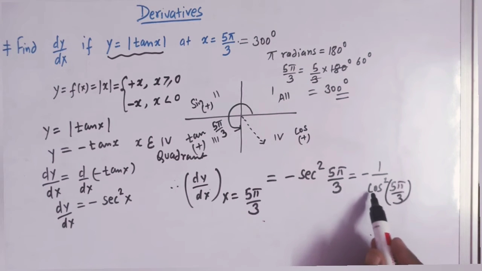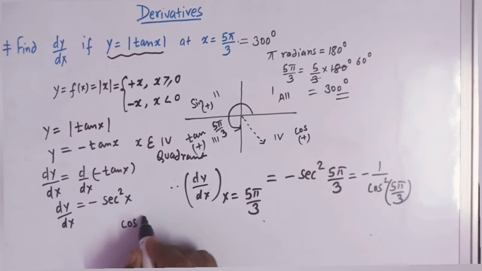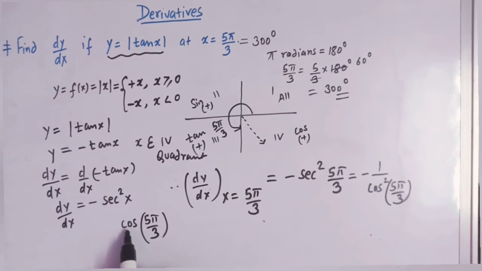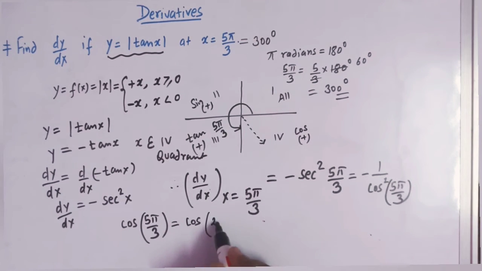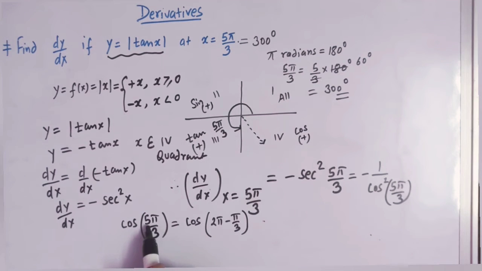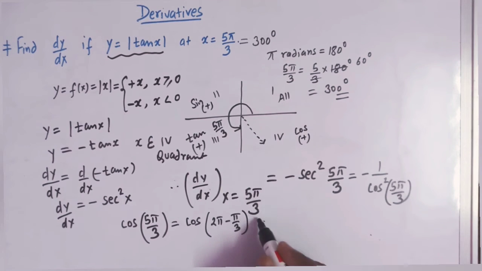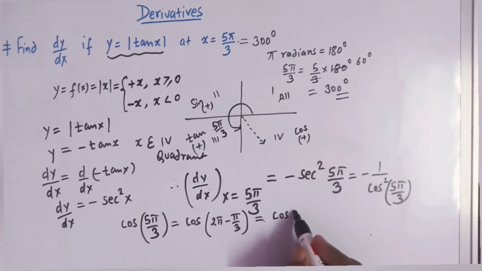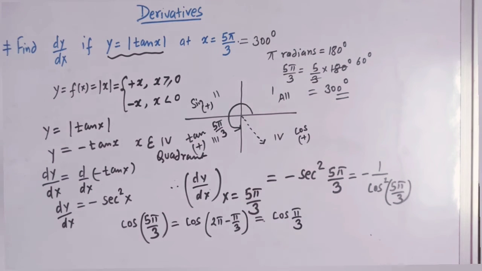Now we have to find the value of cos(5π/3). In order to find the value of cosine 5π/3, we'll write this angle 5π/3 as 2π − π/3, because 6π − π over 3 is ultimately 5π/3. And cos(2π − π/3) is simply equal to cos(π/3).